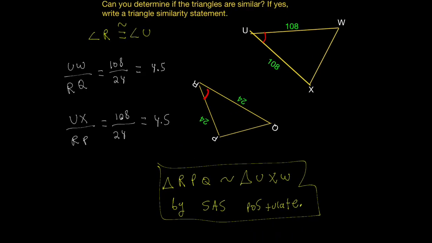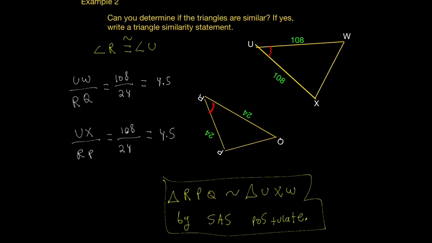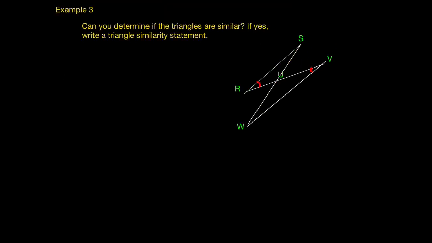Let's check out one final example. Example 3. To do this problem, we have to notice that we have vertical angles here. And remember that vertical angles are always congruent. So these two angles are congruent.